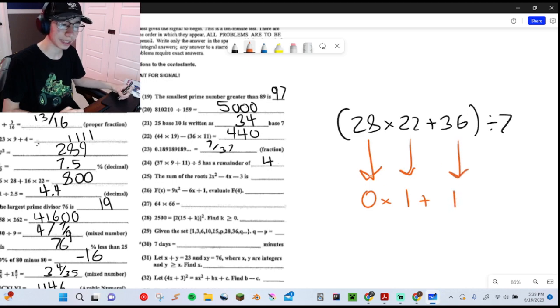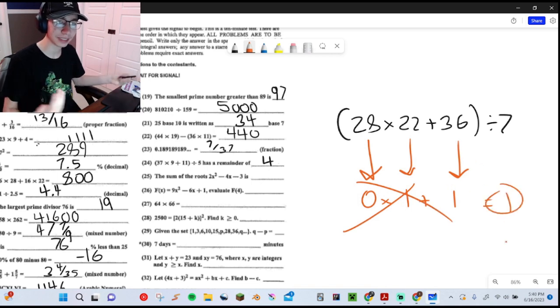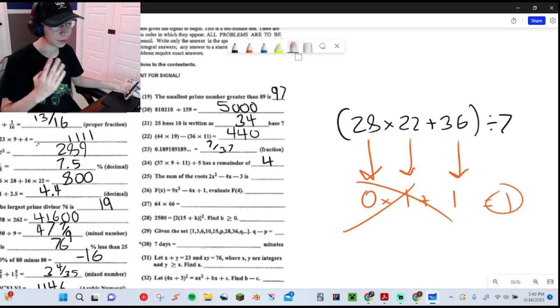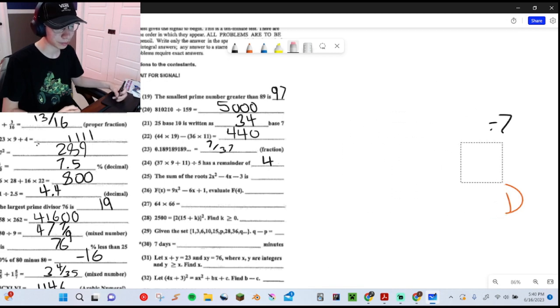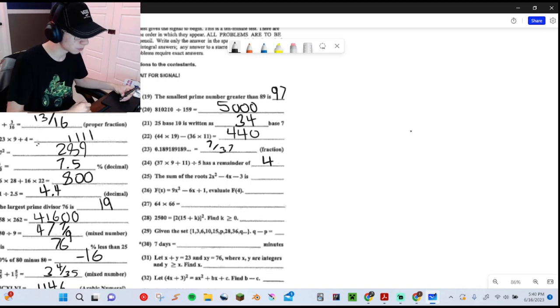This is 0 because 7 evenly divides 28. So this whole part goes away. I'm just left with 1. 1 is my answer. That is my remainder when I'm dividing this expression by 7. So modular arithmetic is a powerful tool to use. Very powerful tool.